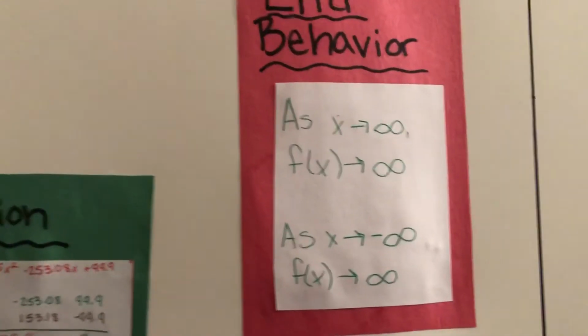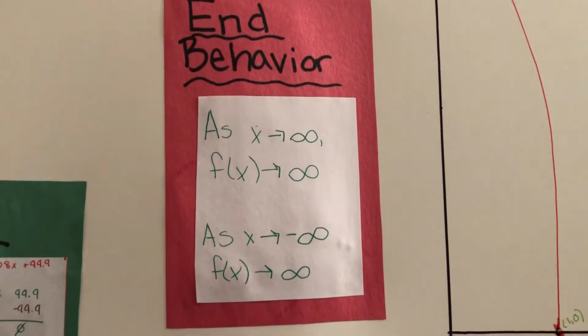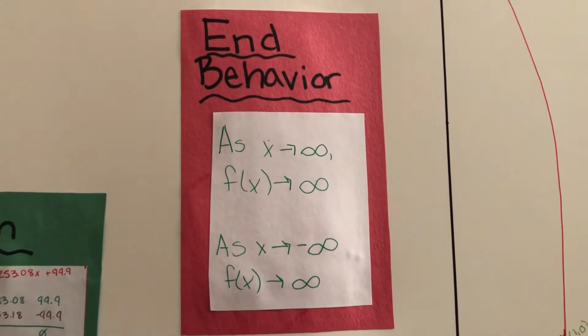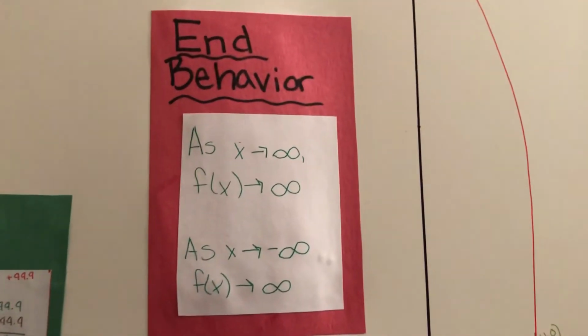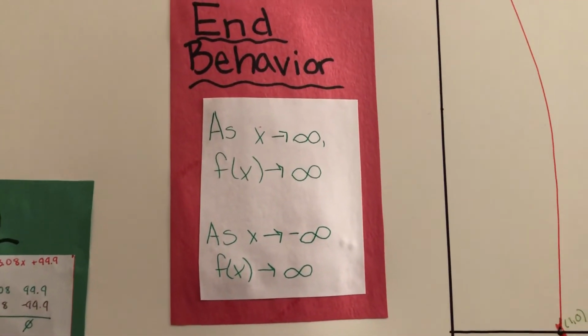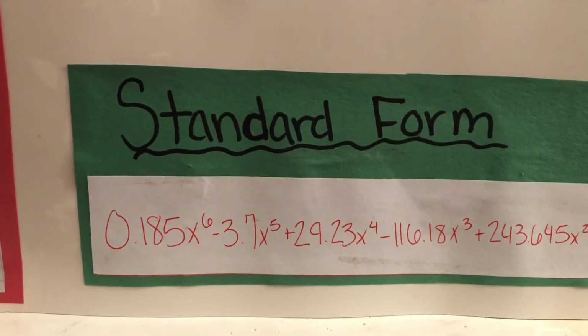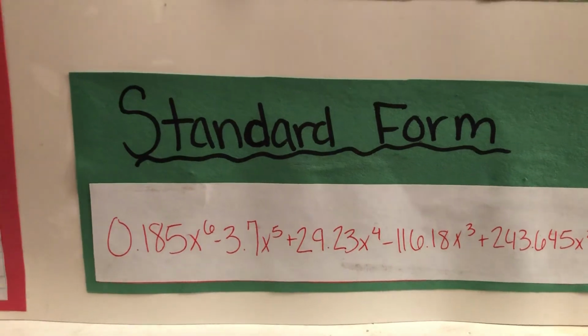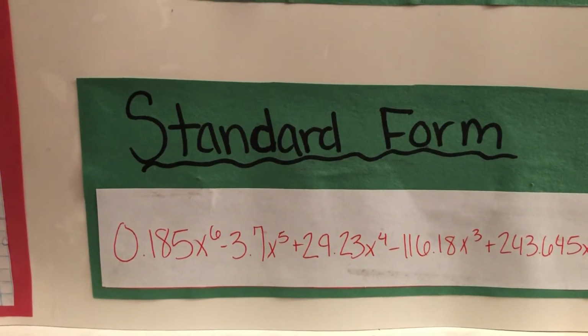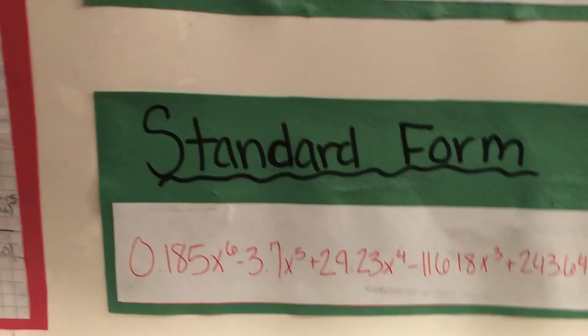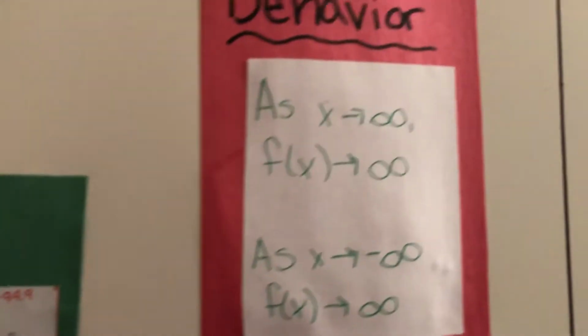So the end behavior was positive and even. Since it was even, that means that our standard form, that very first number, was a positive number, and the x had a multiplicity or an exponent that was an even number. So mine was positive and even.